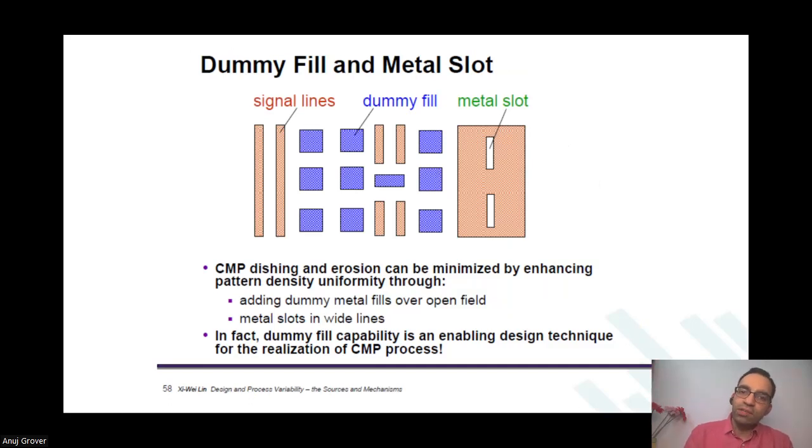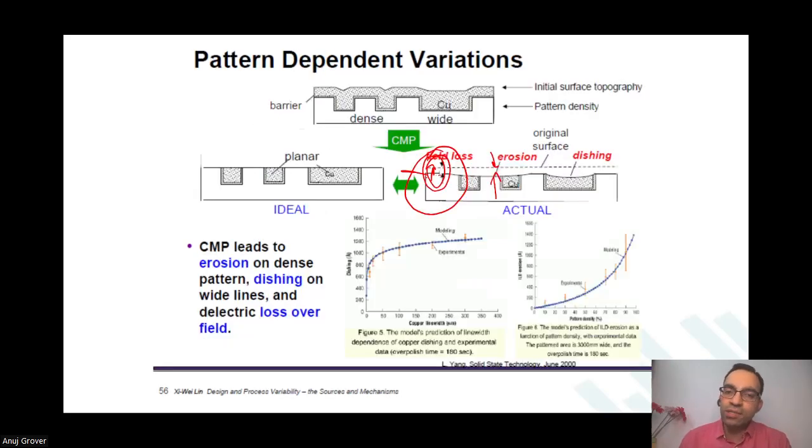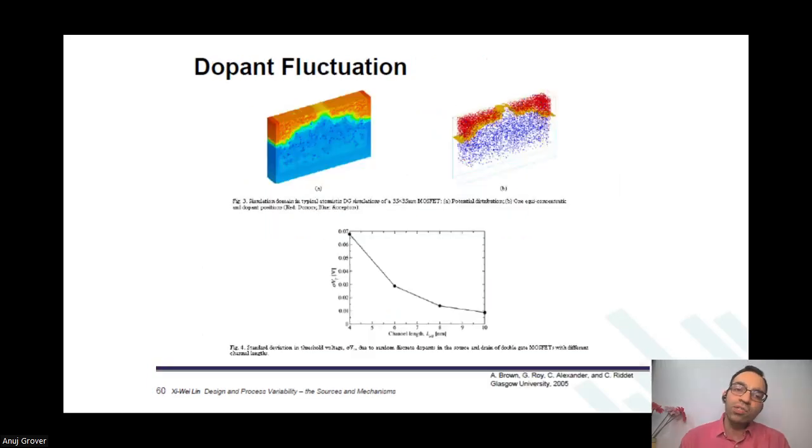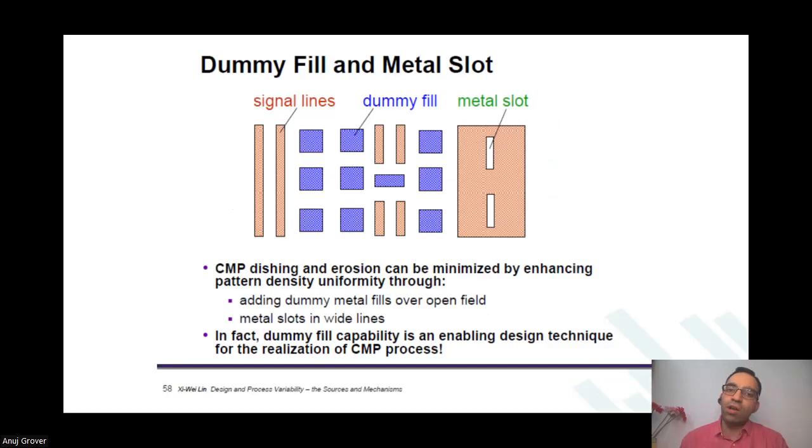So that was where we talked about metal slotting earlier. And now today I'm introducing this term, which is called dummy fills. Dummy fills are done so that you have a similar level of density at all places. However, inside the memory, you do not allow any dummy fills. Inside the memory, as a designer, you want everything to be under your control, is it not?